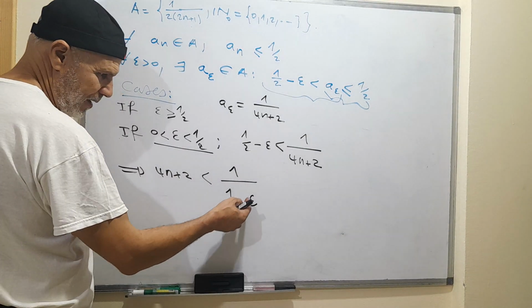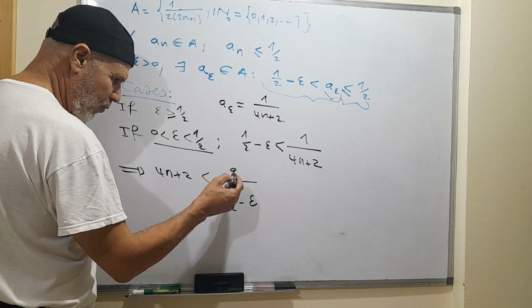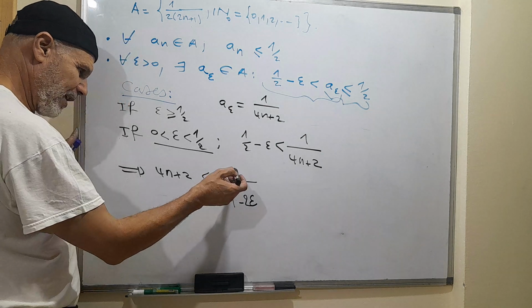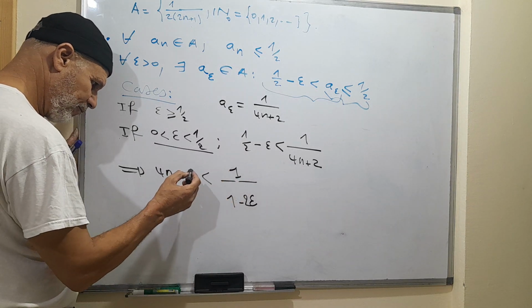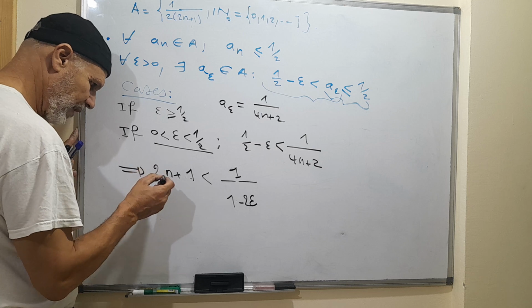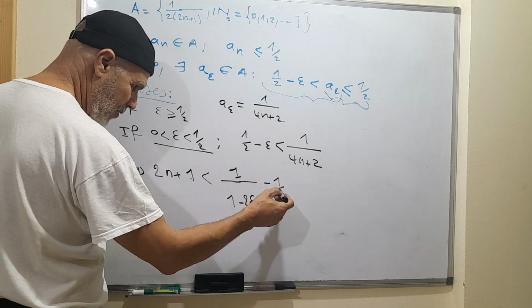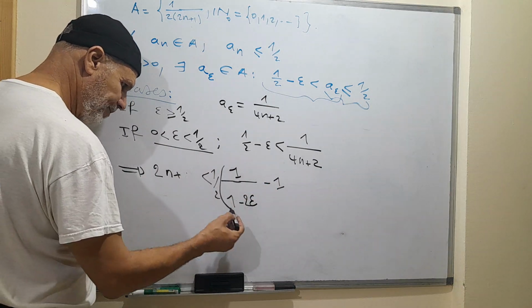We can take 2 epsilon, so we can cancel 2 with this. We take minus 1 from here, and we can divide by 2.